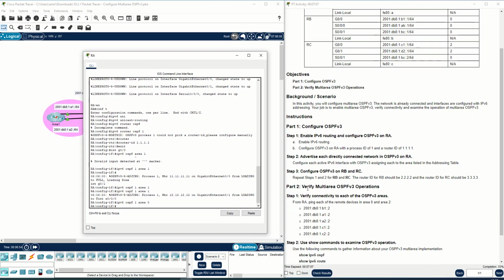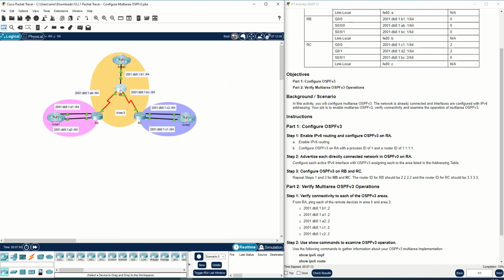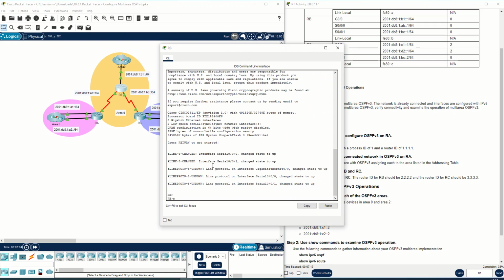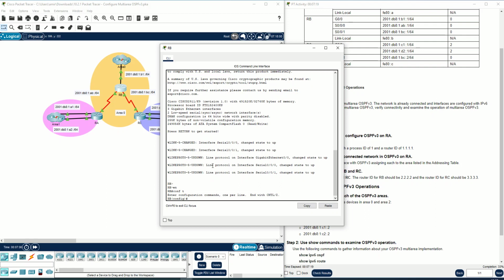Next, configure OSPFv3 on RB and also on RC. We should go to RB here. All of the interfaces there are in area 0.